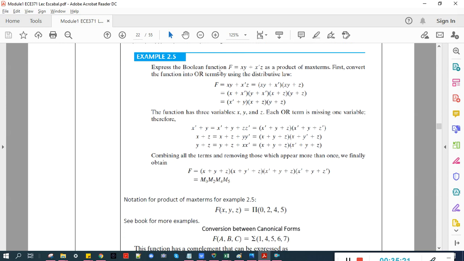Example: express the Boolean function f equals xy plus x prime z as a product of max terms. First, convert the function into OR terms by using the distributive law. We distribute xy, so xy or x prime, then xy or z.